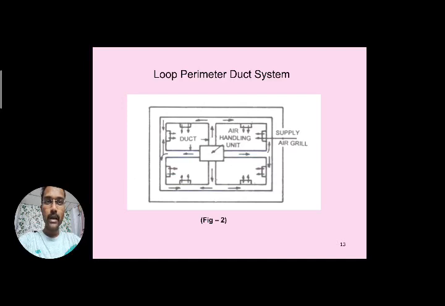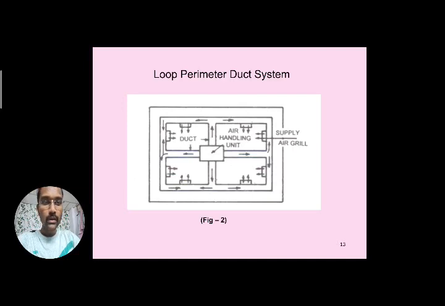Okay, so this is an air handling unit. You can take the center part here as the air handling unit, and the air is distributed, you can see, through these ducts. And here supply grills are provided. Here you can see small boxes around the inside of the loop. You can see this is a closed loop. Each loop is formed like 4 loops, and an outer complete loop will be there.